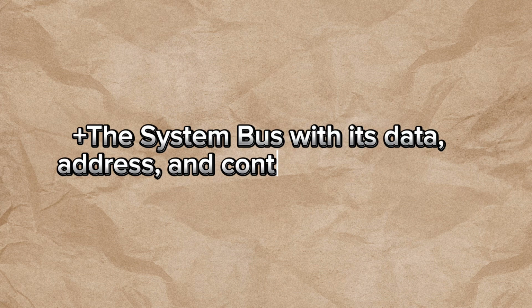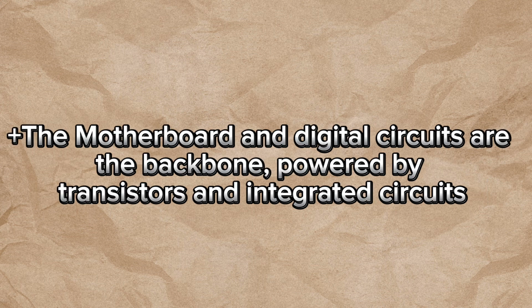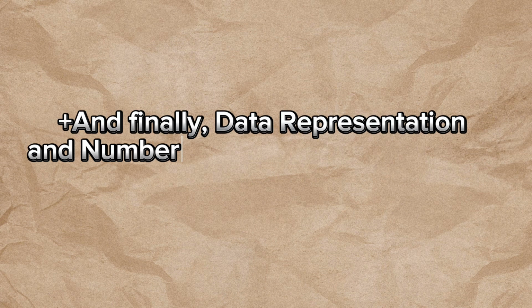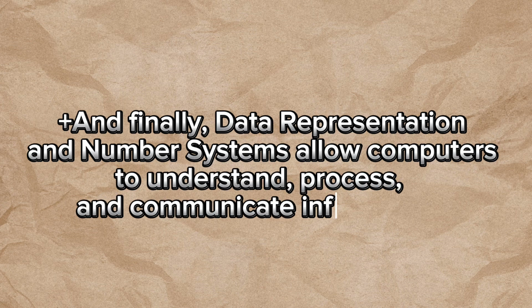The system bus, with its data, address, and control buses, is the highway connecting all components. The motherboard and digital circuits are the backbone, powered by transistors and integrated circuits. And finally, data representation and number systems allow computers to understand, process, and communicate information.